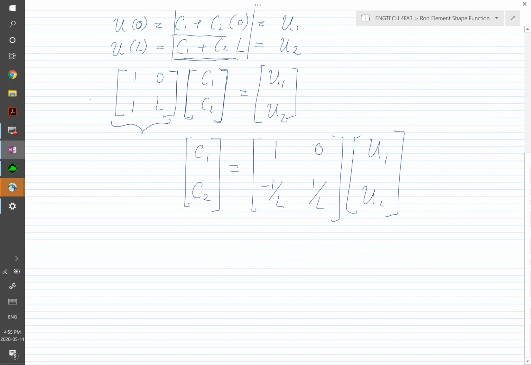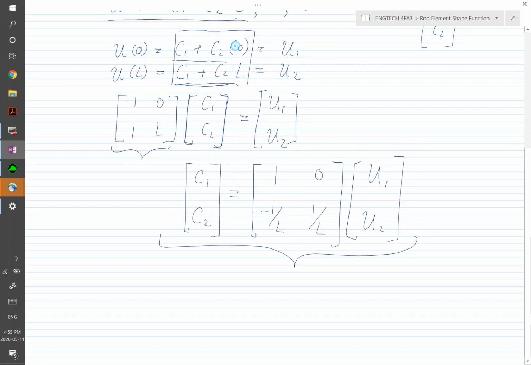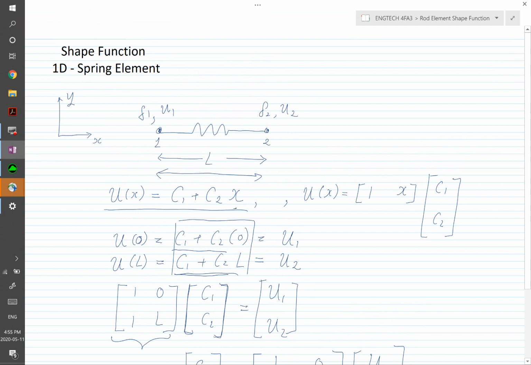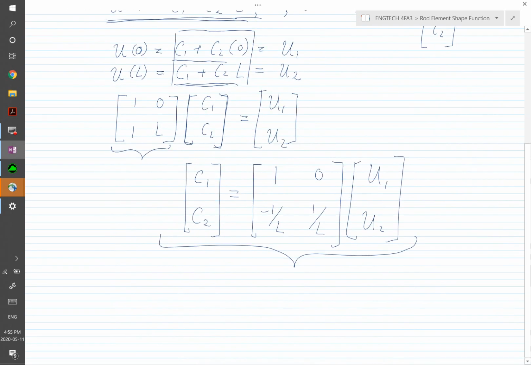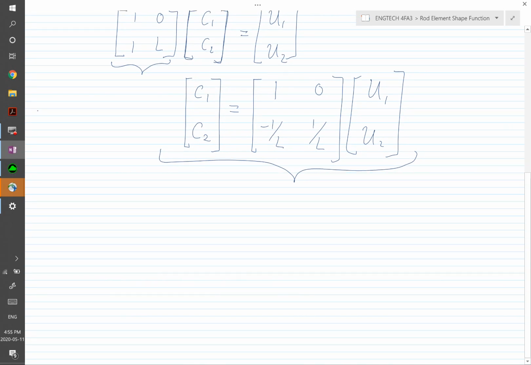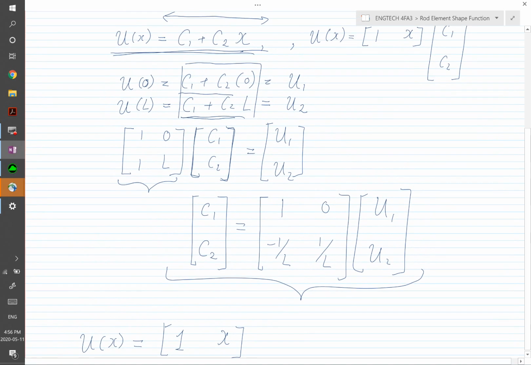Let's put everything that we developed back into the first equation here. So u as a function of x equals c1, c2.